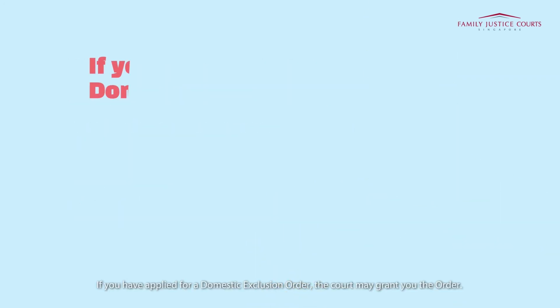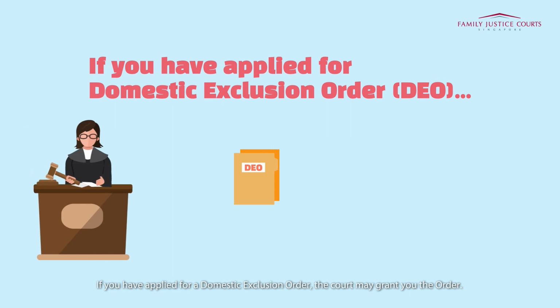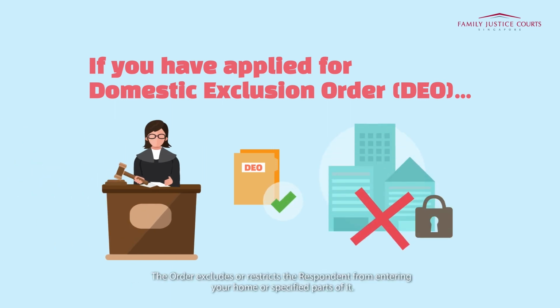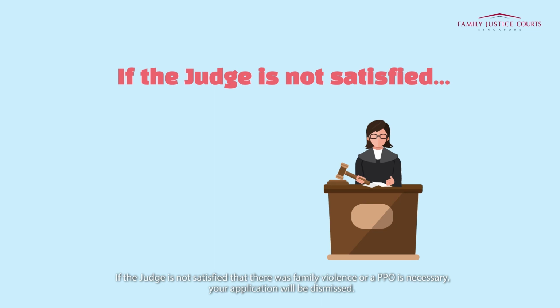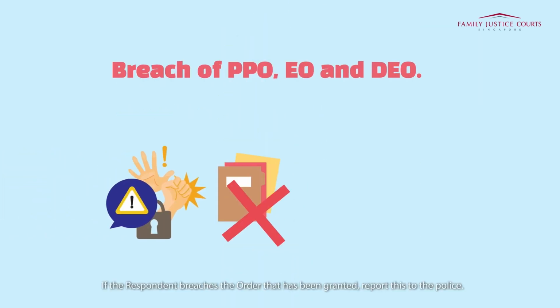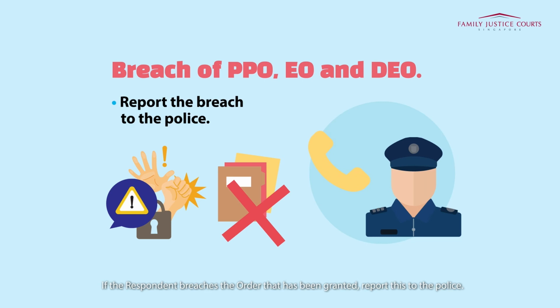If you have applied for a domestic exclusion order, the court may grant you the order. The order excludes or restricts the respondent from entering your home or specified parts of it. If the judge is not satisfied that there was family violence or a PPO is necessary, your application will be dismissed. If the respondent breaches the order that has been granted, report this to the police.